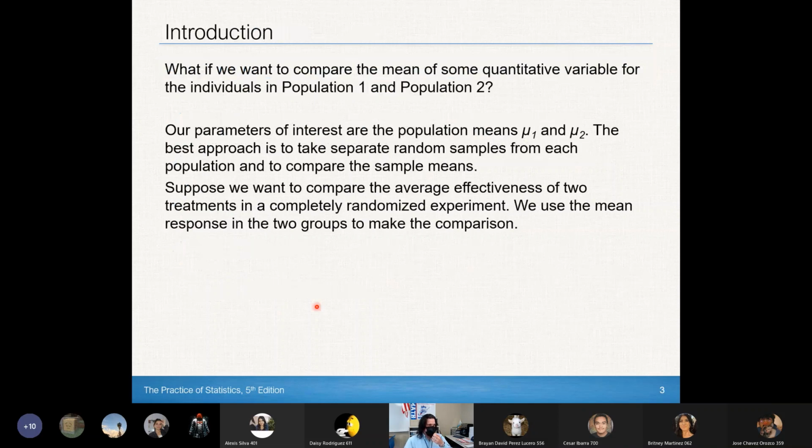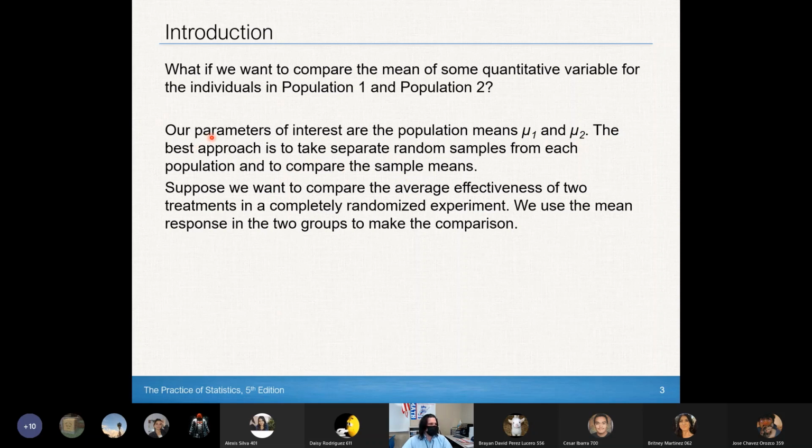So our introduction here: what if we want to compare the mean of some quantitative variable for the individuals in population 1 and population 2? Our parameters of interest are the population means mu1 and mu2. The best approach is to take separate random samples from each population and to compare the sample means.